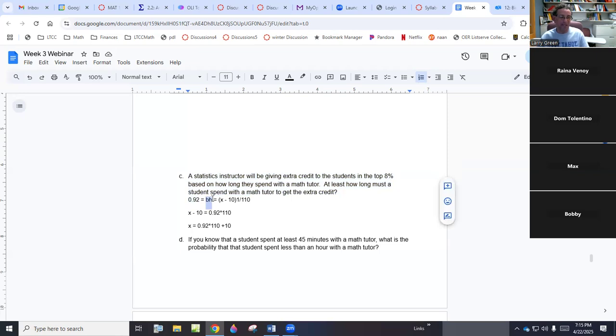That's equal to base times height. And that's x minus 10 times 1 over 120. Same idea as the last one. So x minus 10 equals 0.92 times 110, or x equals 0.92 times 110 plus 10. Any questions on that? Okay, and I'll let you do the calculation at the end.